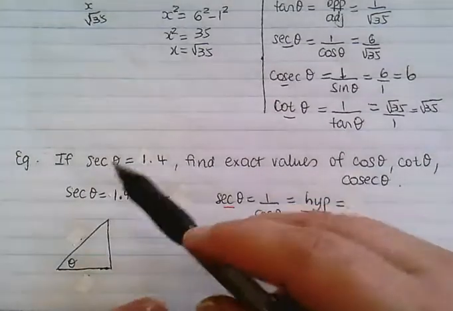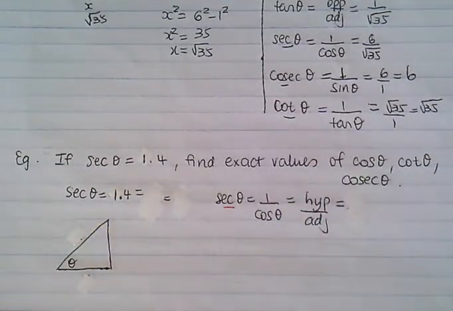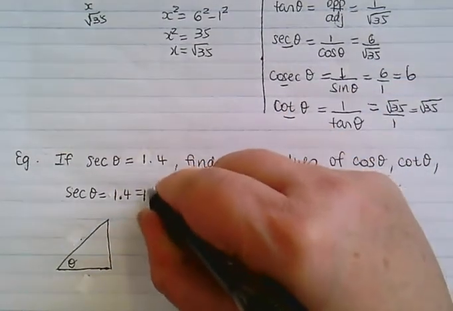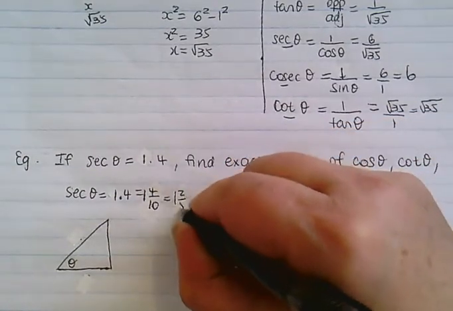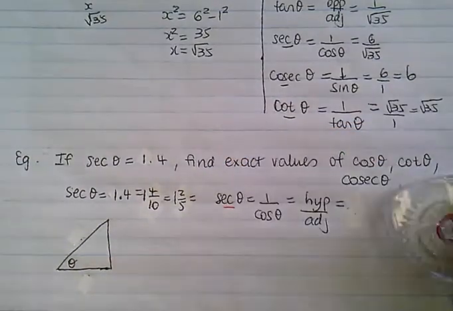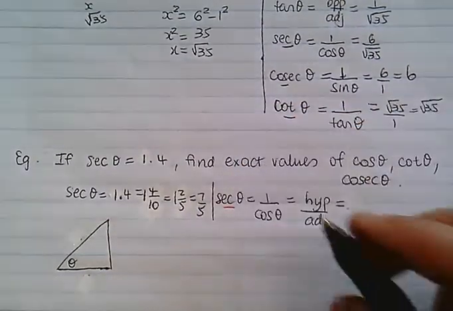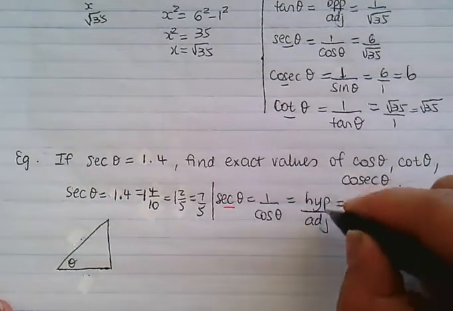Another question here: if sec theta equals 1.4, find the exact values of cos theta, cot theta, cosec theta. So sec theta is 1.4, that is 1 4/10, or 1 2/5. Now you need to write it as an improper fraction, which is 7 over 5. That means we know that sec theta is the inverse or reciprocal ratio of cos.